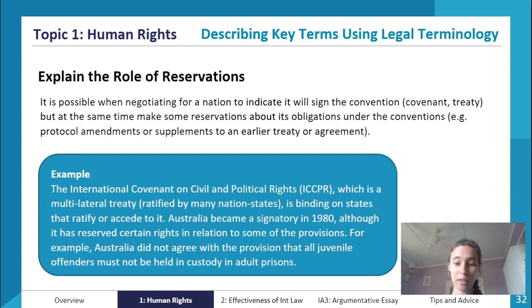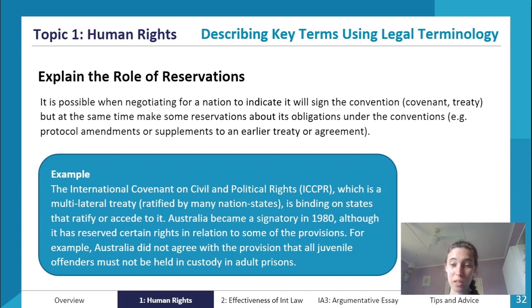So for the ICCPR, it's binding on states that ratify it. And Australia became a signatory in 1980, but it's reserved certain rights in relation to some of the provisions. For example, Australia didn't agree with the provision that all juvenile offenders must not be held in custody in adult prisons.